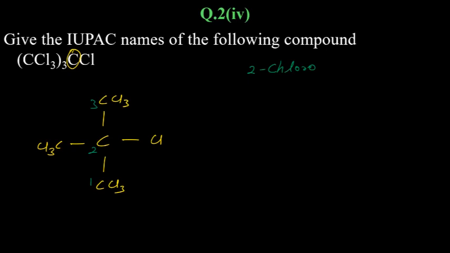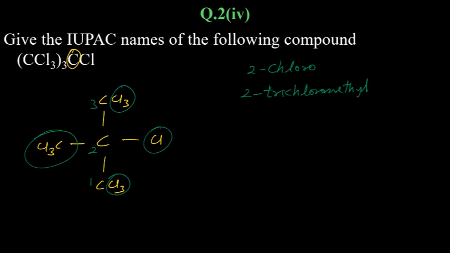Then on the second carbon, you have trichloromethyl also. But after that, on the first carbon, you have these 3 chlorines, and on the third carbon, you have 3 chlorines. Means total 6 chlorines, and on the second carbon, you have chlorine. Means total 7 chlorines are there, and these need to be combined.